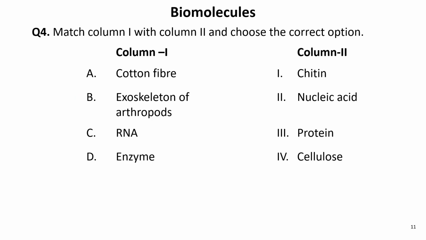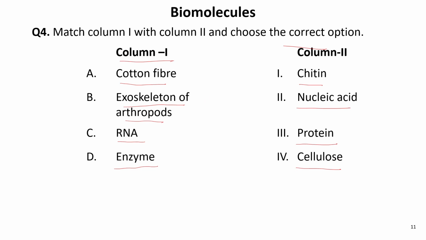Moving to the next question. Match column 1 with column 2 and choose the correct options. Here column 1 has cotton fiber, exoskeleton of arthropods, RNA, enzymes. In column 2, we have chitin, nucleic acid, protein, and cellulose. Which is matched with the cotton fiber?